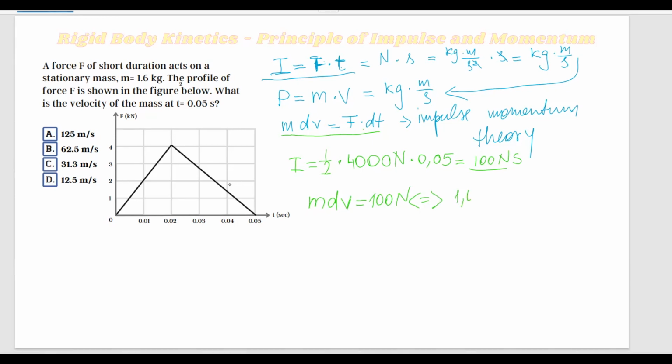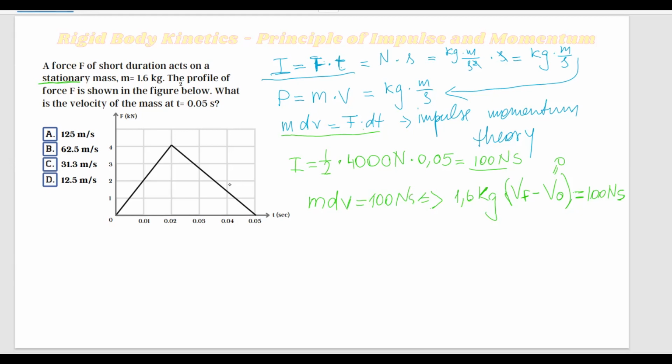So 1.6 kilograms multiplied by dv, change in velocity. So it's v final minus v zero. The problem states that the mass is stationary at t equals 0, so v0 equals 0. And this equals 100 newton seconds. Here, I forgot to add seconds.